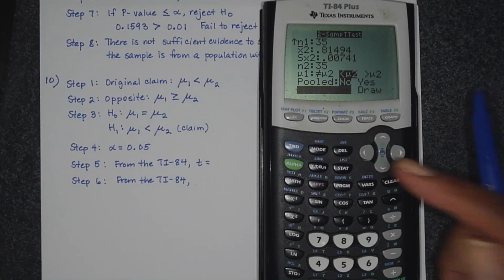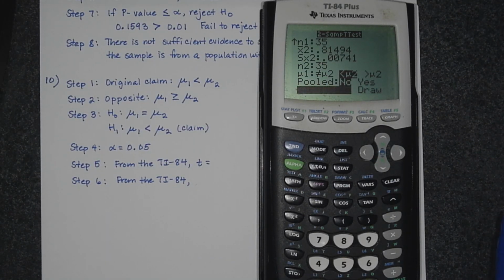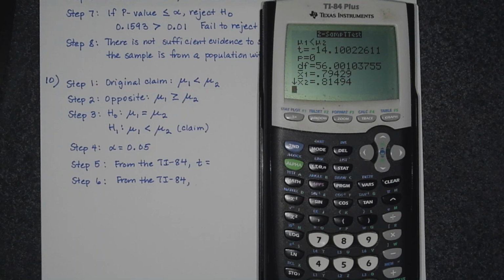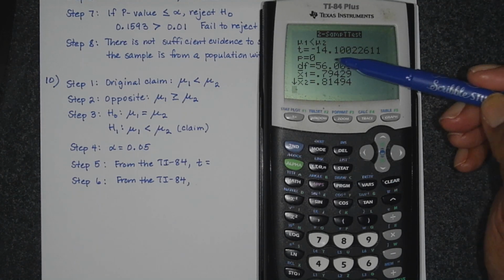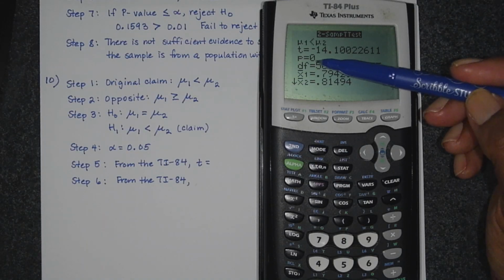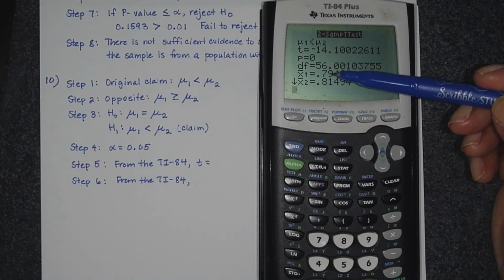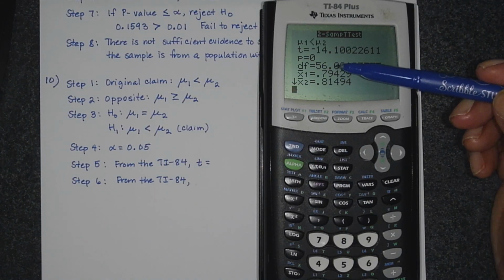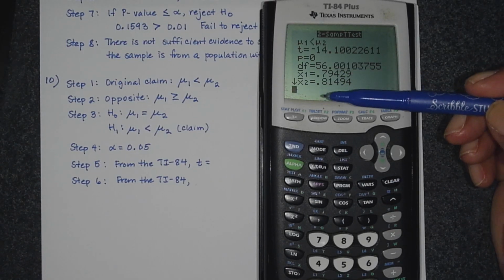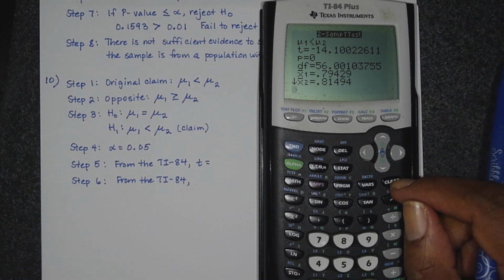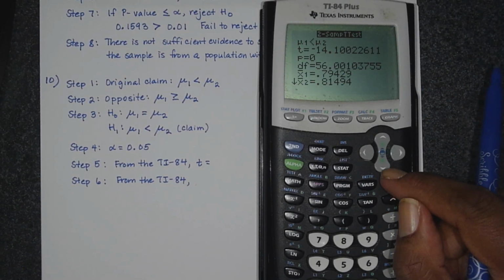Use your down arrow key again to go all the way down to calculate, and then press enter. So here's what your T test statistic is going to be. Negative 14.107.